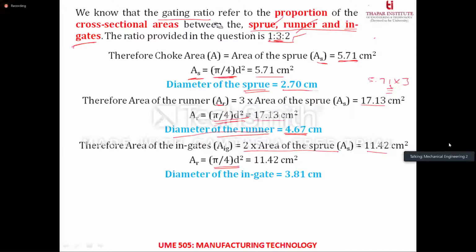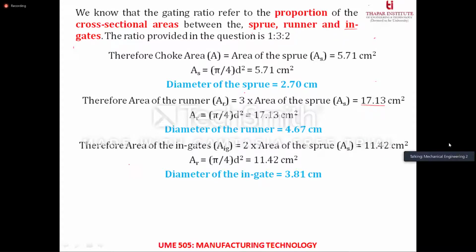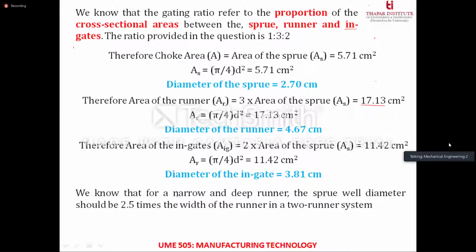Now, I don't know how many of you have gone through the earlier slides, because what I'm going to discuss is contained in the slides of gating system design. If you had gone through that, you would realize that for a narrow and deep runner, the sprue well diameter is equal to 2.5 times the width of the runner in a 2-runner system.